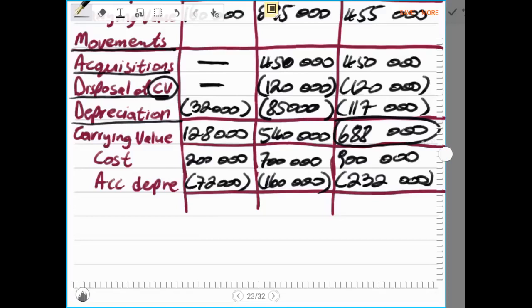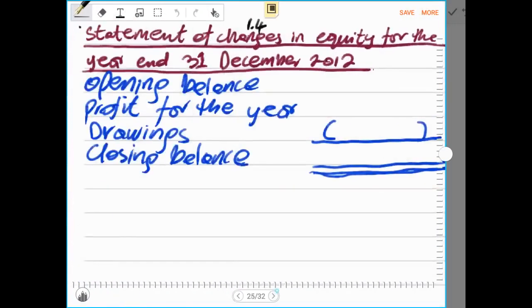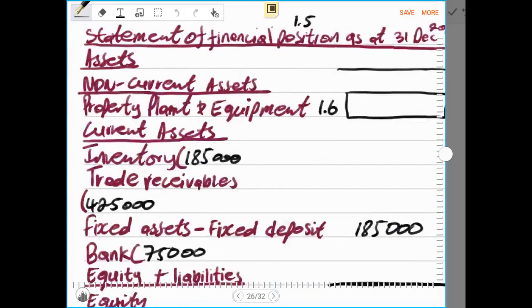Therefore, now we must take this 688,000 rands and record that immediately in the statement of financial position under the property, plant and equipment, 688,000 rands, and total 688,000 rands. That one is complete and done.